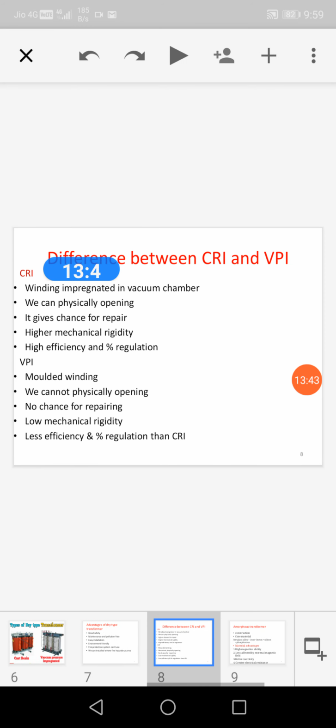And another most important difference: the cast resin transformer has a rating of 25 kVA to 1200-1500 kVA, and the vacuum pressure transformer is 5 kVA to 30 MVA. This is the main difference between the ratings of dry type transformers.